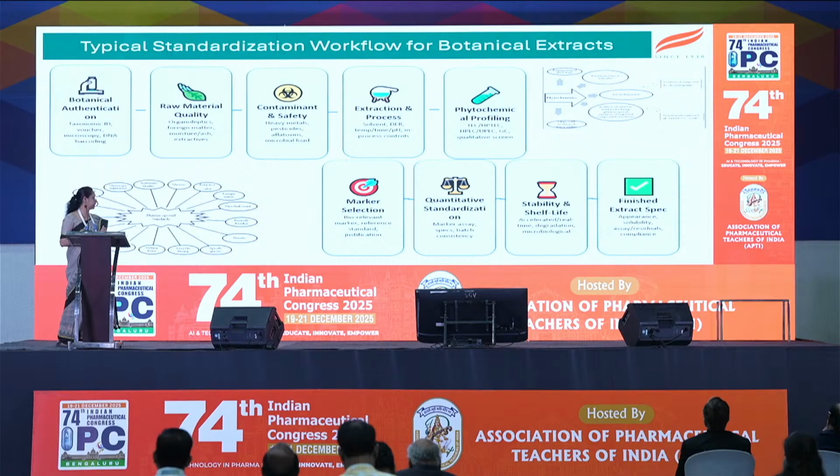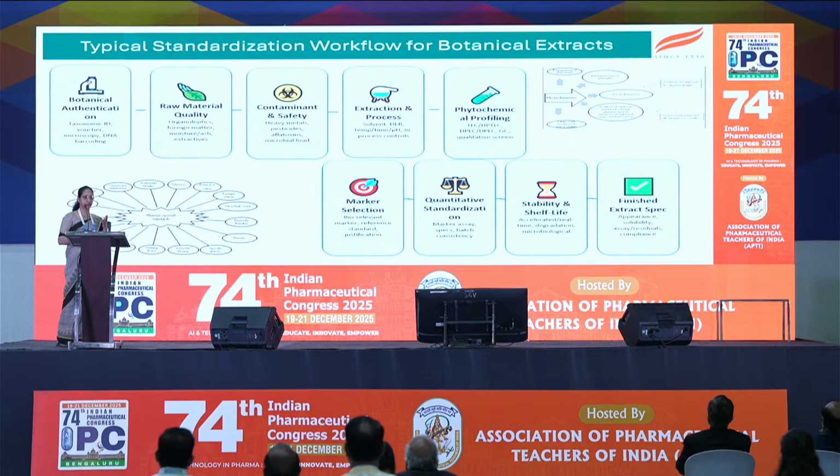So botanical identification also includes some kind of DNA authentication for our key herbs like neem, and around 100 odd herbs have been DNA authenticated, and hence we ensure that we get the same species every time, every commercial use.